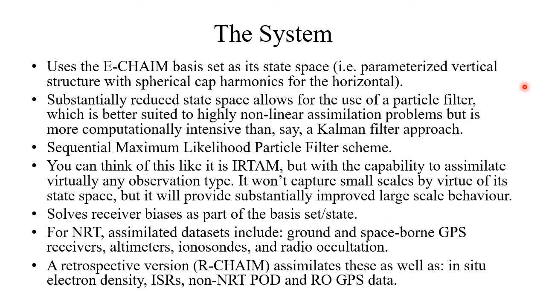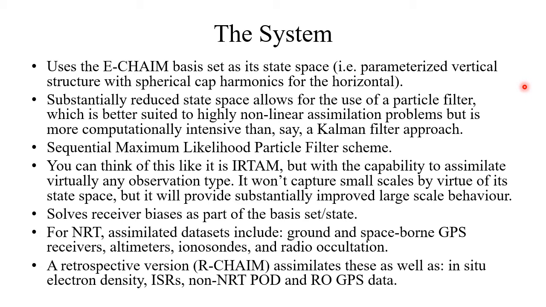So the system itself, realize this is a large wall of text, but as I mentioned before, E-SHAME, or this data assimilation system, uses the E-SHAME basis set as its state space. So we parameterize the vertical structure with that scale height function that I talked about before, HmF2 and NmF2, and then we characterize the horizontal variability with spherical cap harmonics.